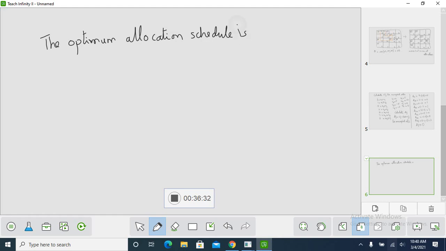will be, what is the schedule that we got? We got x11, I think the value is 40. Then we have x12, 30. Then x22, the value is 5.